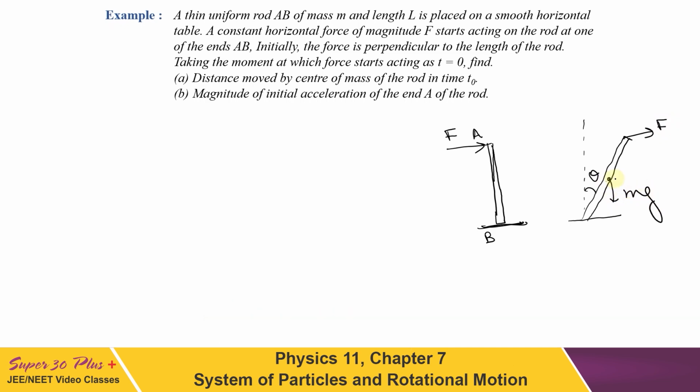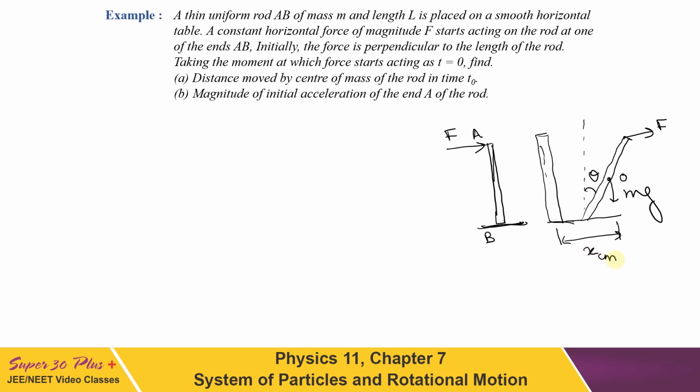Let us write this center to be O. Now as F is applied in the horizontal direction, it will try to translate rod AB as well. Of course, this new position that I have drawn has to be somewhat horizontally away from the initial position, which was like this, right?